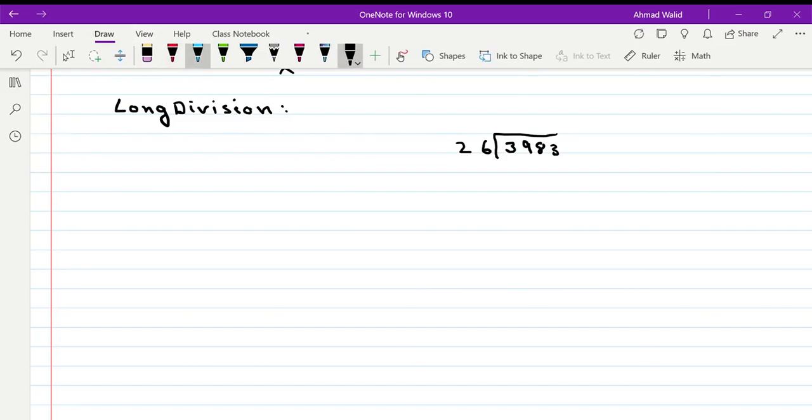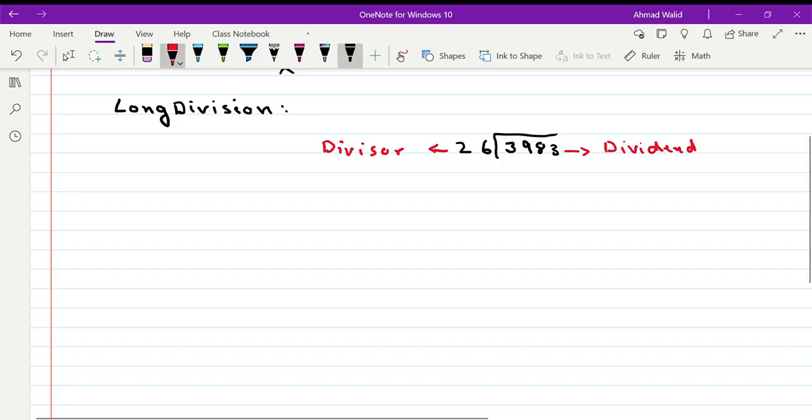Of course, we know that 26 we call the divisor, and we call 3,983 the dividend. Correct? The method that we divide, we call this method long division.